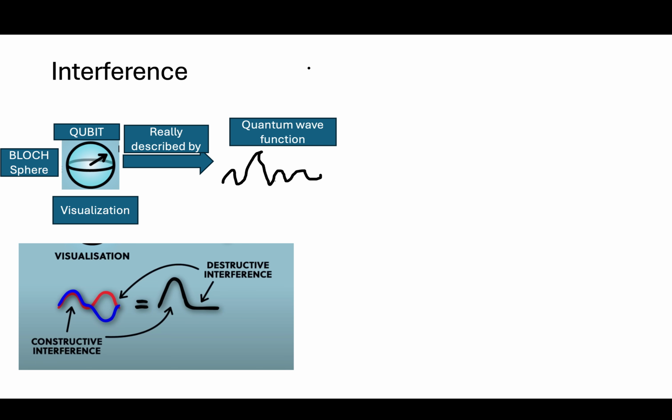Clearly, they're described by waves, right? Typically the quantum wave function. In this visualization, if you have different waves and you add them with constructive or destructive interference, you get these kinds of waves, typically the output.